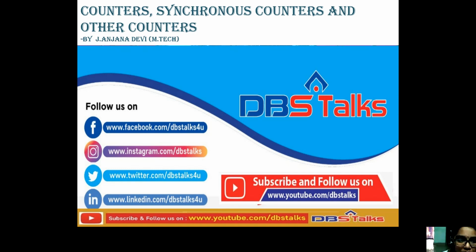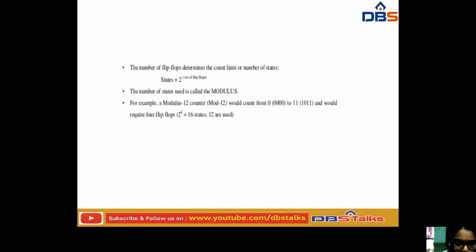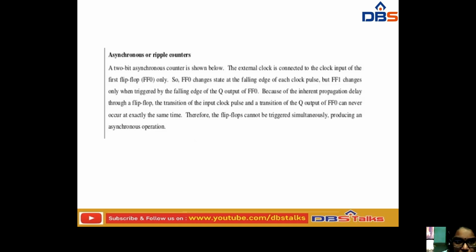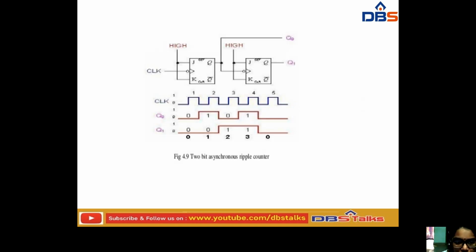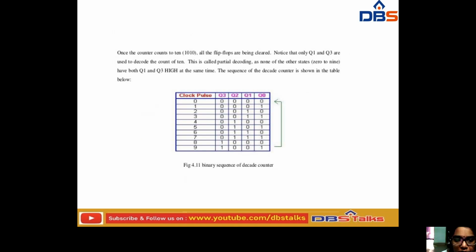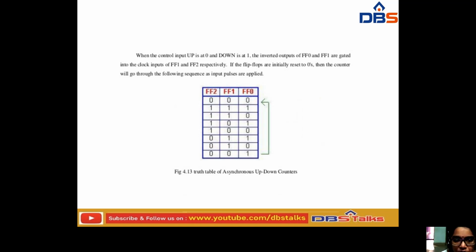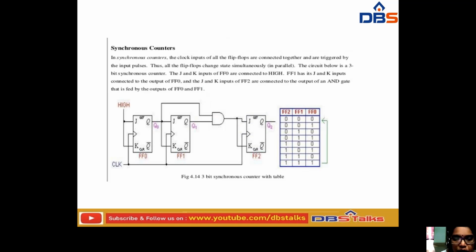In the previous class we discussed the modulus counter, asynchronous ripple counters and the 2-bit asynchronous ripple counter, asynchronous decade counters, the binary sequence of the decade counter, asynchronous up-down counters, and the truth table of the asynchronous up-down counters. Now, in this class, let us see the synchronous counters.